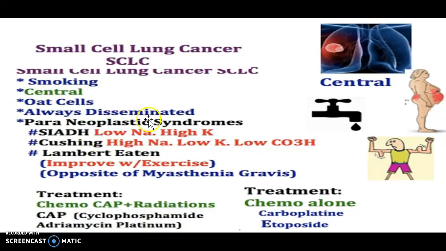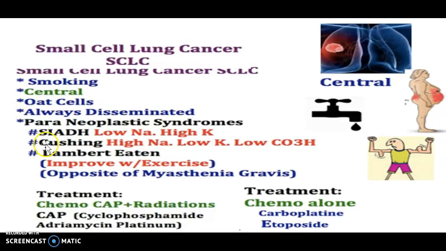In terms of the paraneoplastic syndromes, you're looking at SIADH, which stands for syndrome of inappropriate antidiuretic hormone, and that is usually triggered by the posterior pituitary gland, which secretes the antidiuretic hormone, also known as vasopressin, and that results in low levels of sodium and high levels of potassium.